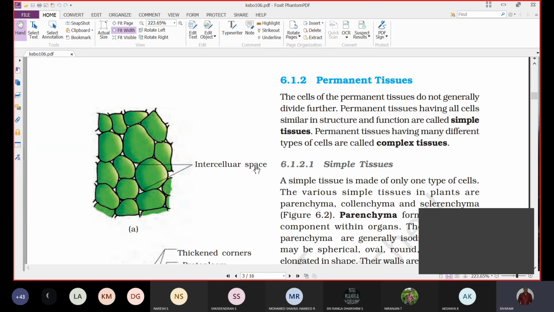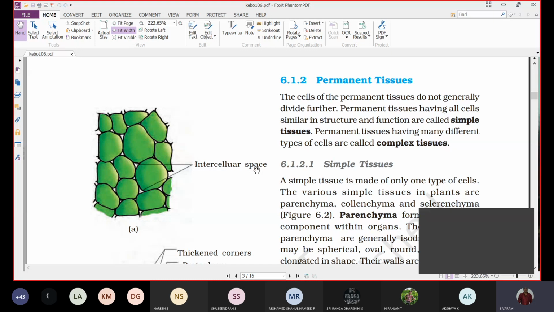Other than this, that means the epidermis and the xylem and phloem, whatever the tissue that is present inside the plant body, that is hypodermis, cortex, endodermis, pericycle, medullary rays, pith. All these tissues will come under the ground tissue.